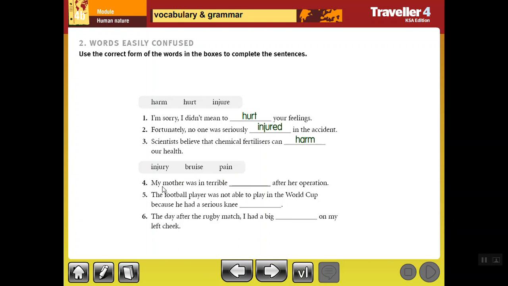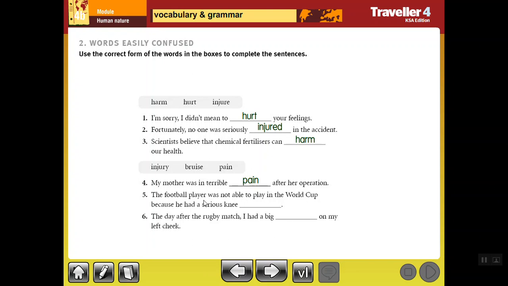Number 4. My mother was in terrible ___ after her operation. Operation means surgery أو عملية جراحية. So my mother was in, of course, in pain. كانت في ألم. My mother was in terrible pain after her operation.